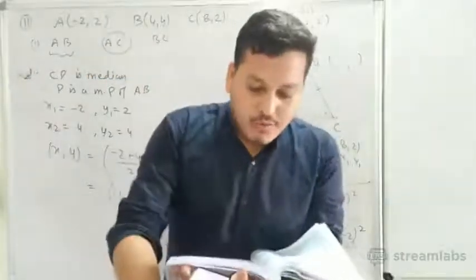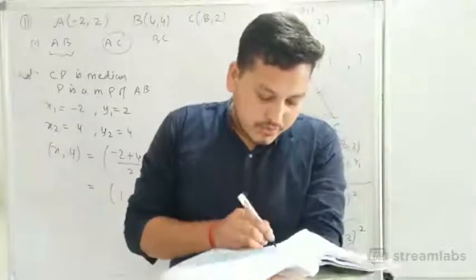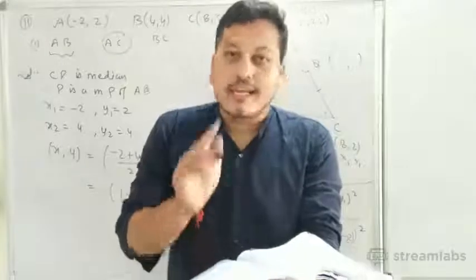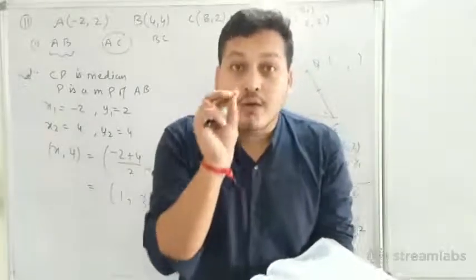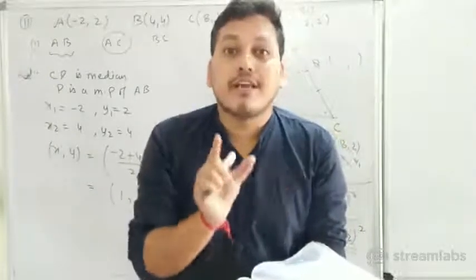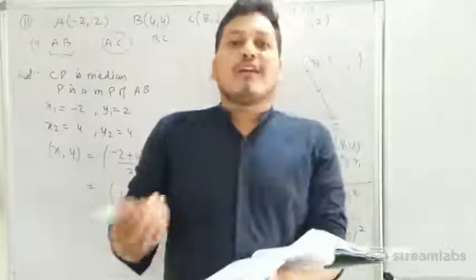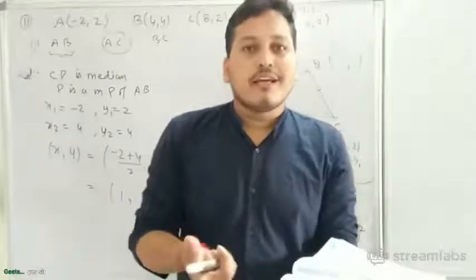Now please take a homework. Those are the repeating questions. Question number 12: calculate the coordinate of P which divides the line joining A and B in the given ratio. Keep this in mind: line joining means that with the help of any 2 points that are given, they make a line segment. That is the meaning of line joining. Find the point which divides the line joining.